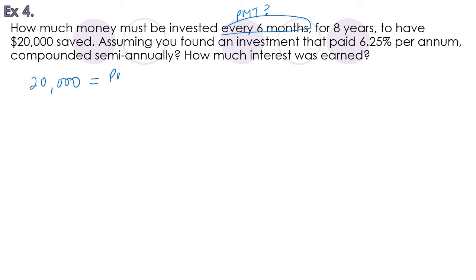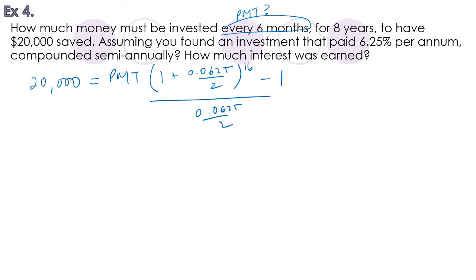I need to know my payment, times 1 plus my R value, 0.0625, semi-annually is twice, 8 years, 2 times 8, 16, minus 1, all over 0.0625 divided by 2, in square brackets.